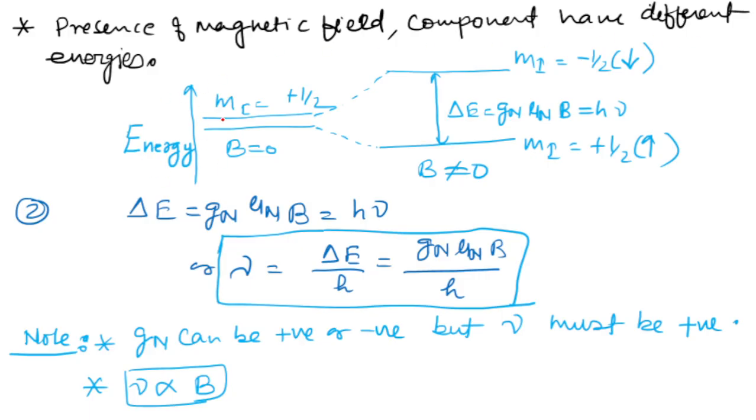As you can see in this energy level diagram, this is zero magnetic field, where m is plus or minus 1 half, degenerate, but in the presence of a magnetic field it splits into plus half and minus half. The difference of this energy is equal to Gn mu n B, which is equal to h nu. Converted to nu form, the frequency nu is equal to Gn mu n B by h.